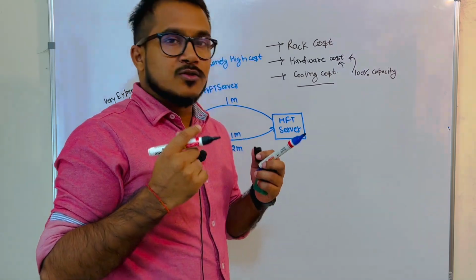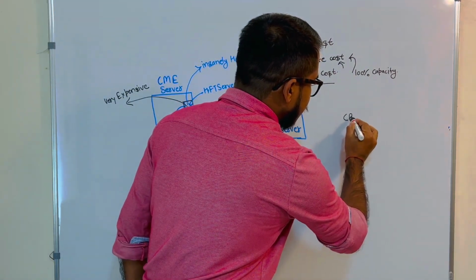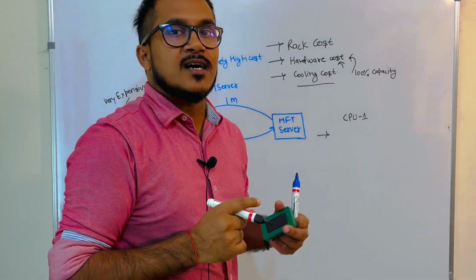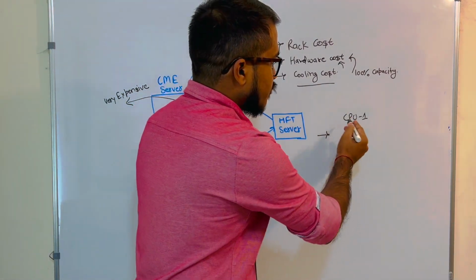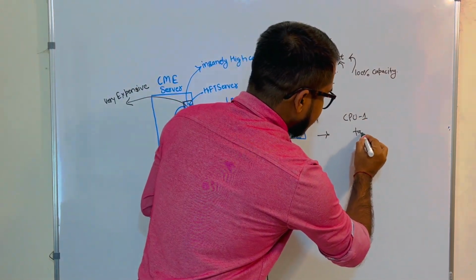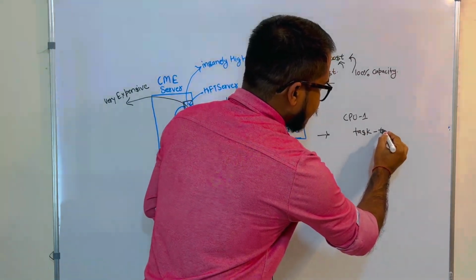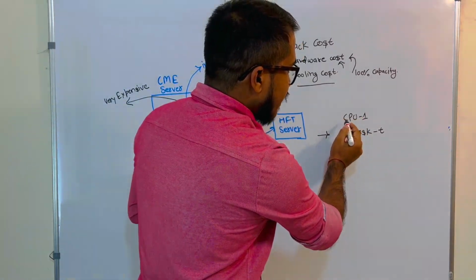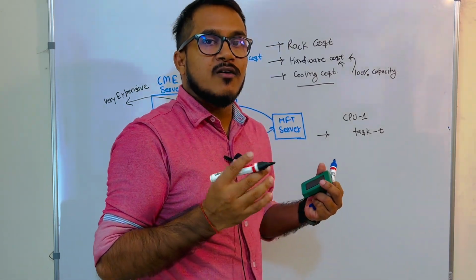But one question you can ask is why this particular hardware is running at its 100% capacity all the time. So here is the reason behind that. Let's say there is this CPU1, and this CPU only starts working when there is some task to perform. So let's say as of now this CPU is in idle state. Let's say some task comes, and task is, let's say, T. Now there will be some process that will notify the CPU that there is some task to perform, please wake up.